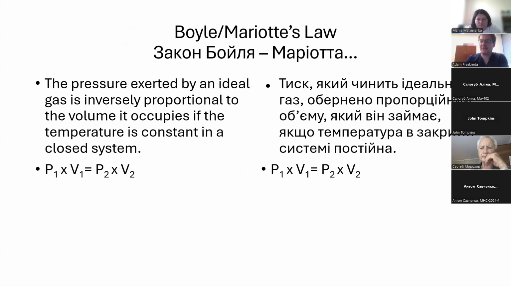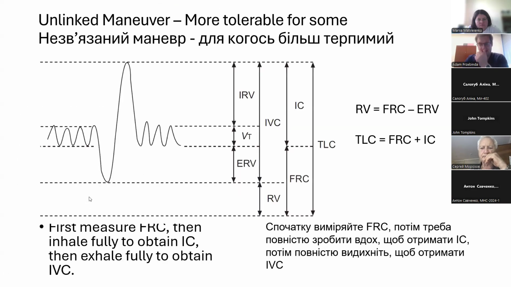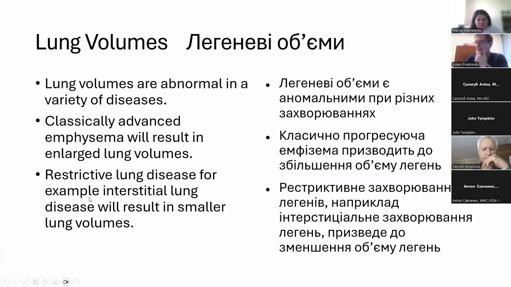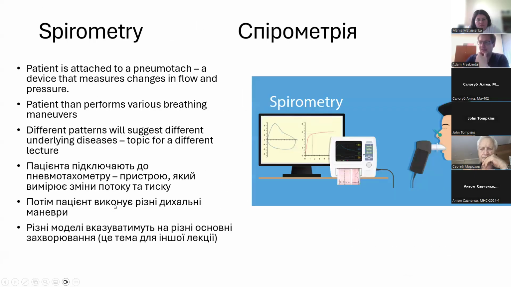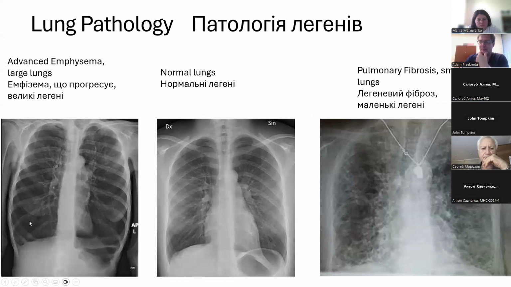There we go. In advanced emphysema here, the lungs are huge. And more importantly, the big part of the pathology is that when you exhale, you cannot empty out the lungs. They stay big. There's a lot of air trapped behind.